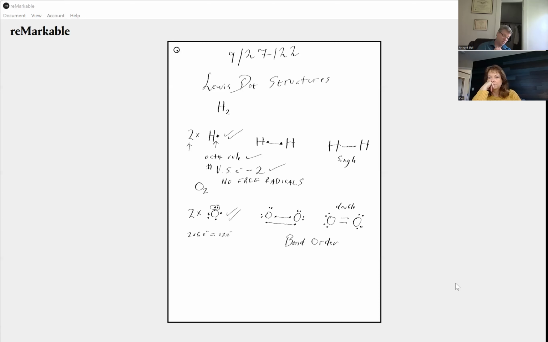Notice also, instead of putting the lone pairs on the top and on the side, I moved them so they're a little more diagonal. Well, this is artistic license. Remember, Lewis dot structures, they're cartoons. We're allowed to put them anywhere we want. I think it looks a little bit nicer if you put them off on the corners like this, rather than one on top and one on the side, or one on top, one on the bottom, or bottom and side.